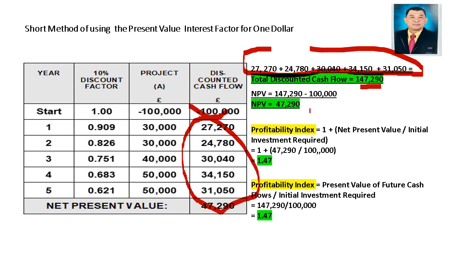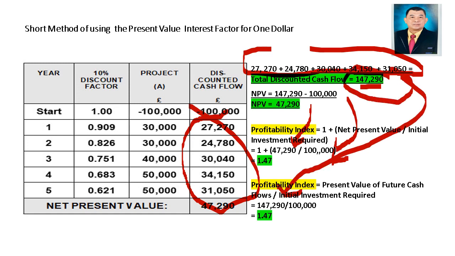So substituting to that formula, 1 plus the net present value and your initial investment. Using the second formula, the present value of the future cash flow, 147 divided by your initial investment gives you 1.47.